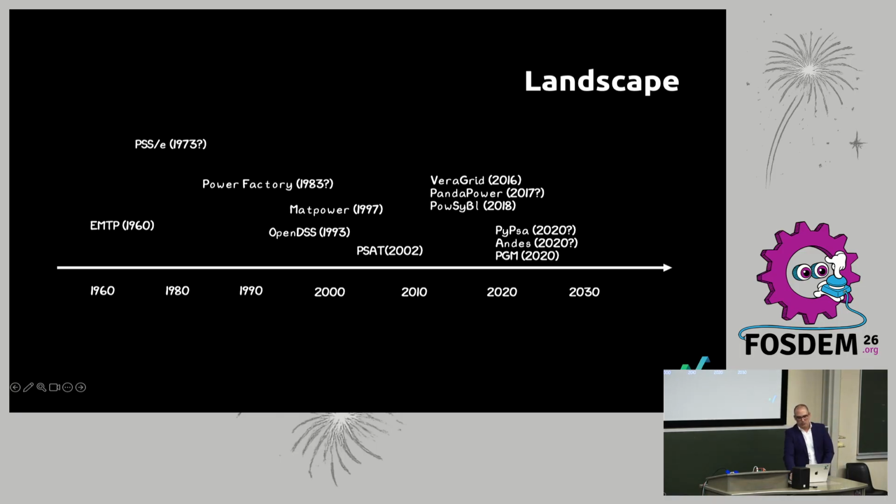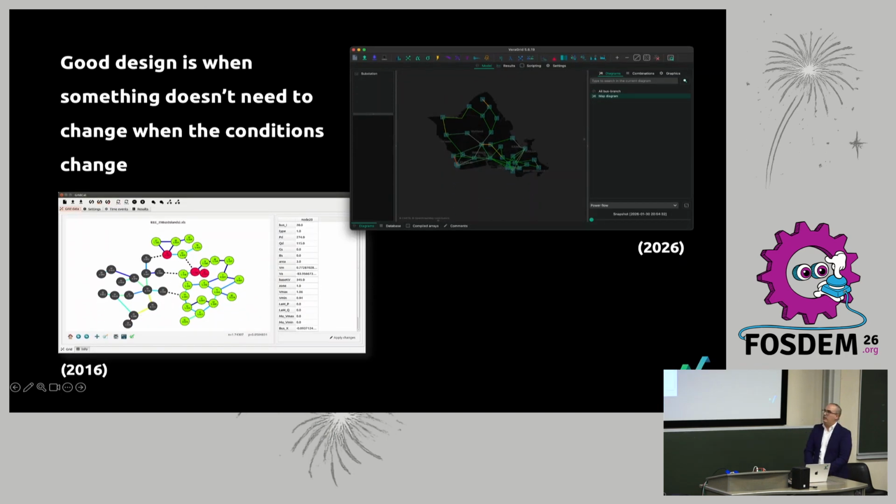If you ask what a good design is, it is something that doesn't change when the conditions change. This is my first release in 2016, and here's the current release in 2026. You see there are many differences, but some things are still there. The backend is unrecognizable from one to the other.